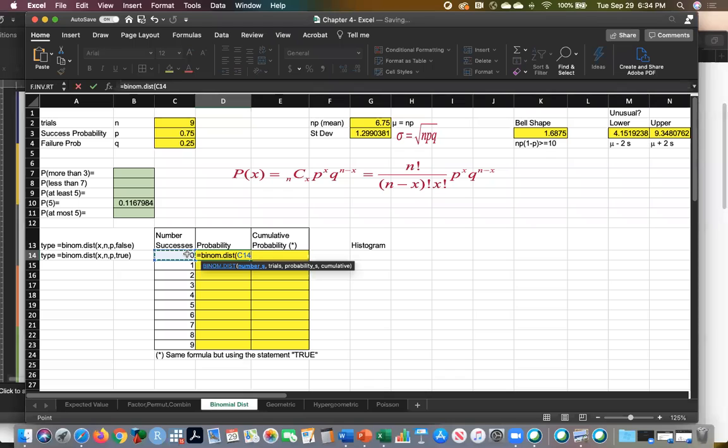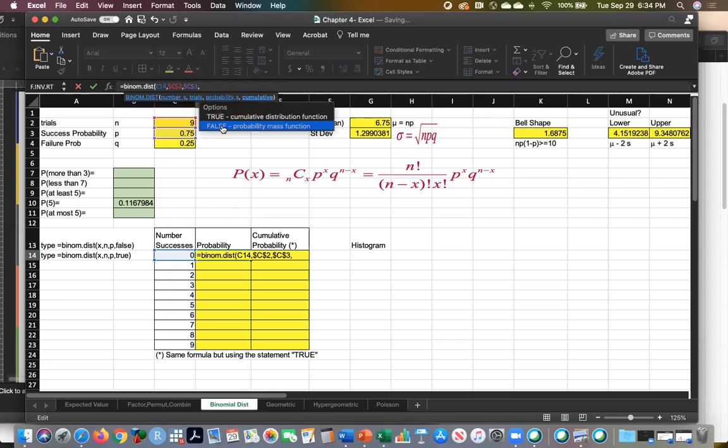This is going to be the number, comma, the number of trials, with a dollar sign, comma. It's asking me for the probability, with also a dollar sign. And then the last one is the cumulative, and I'm going to say false.